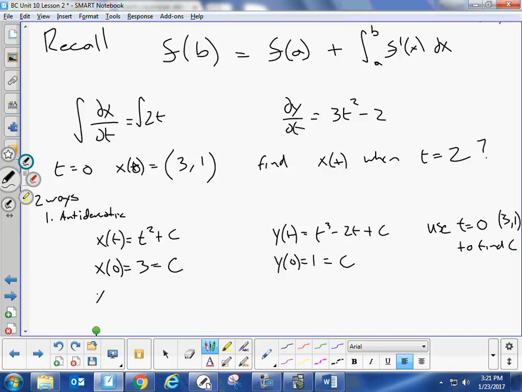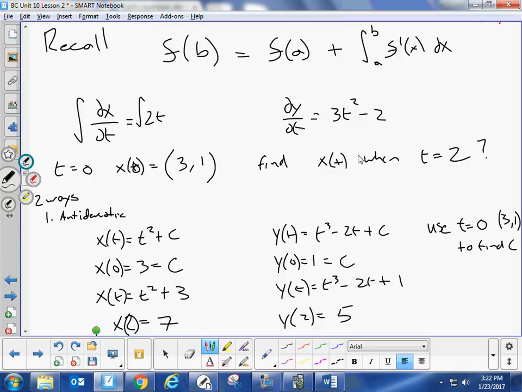And all of a sudden I have my position functions, which I can use to find my position at any time. Okay, x of 2 is 7. Y of 2 is 8 minus 2 times 2, which is 4, so 4 plus 1 is 5. Does that make sense? Just take the antiderivative, include your plus c, find your c, get your position function, and you're good to go.